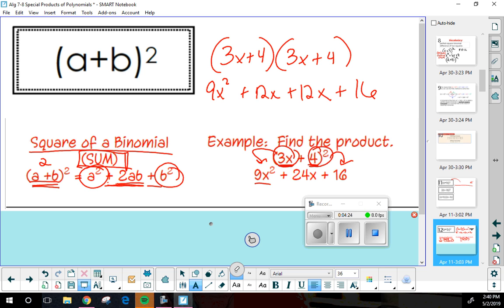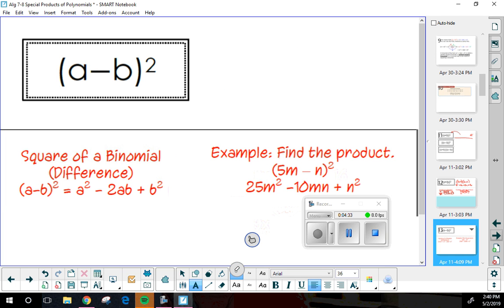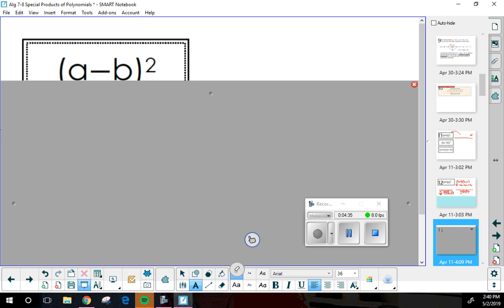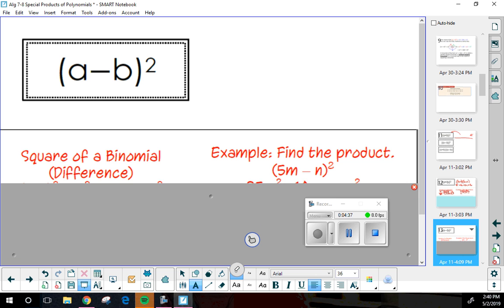The next one is the same as this one, except instead of the plus sign in the middle, there's going to be a minus sign. So this one's going to be square of a binomial, but the difference. Square of a binomial, but the difference this time.